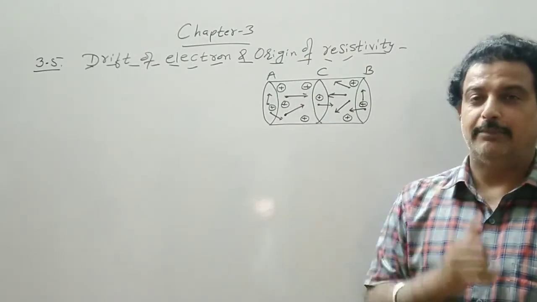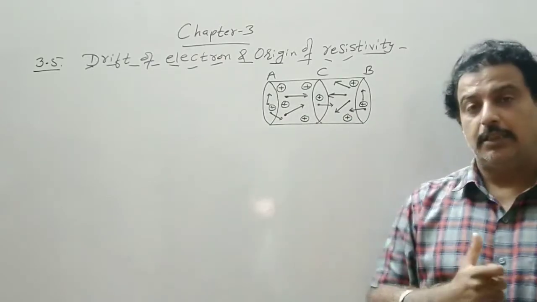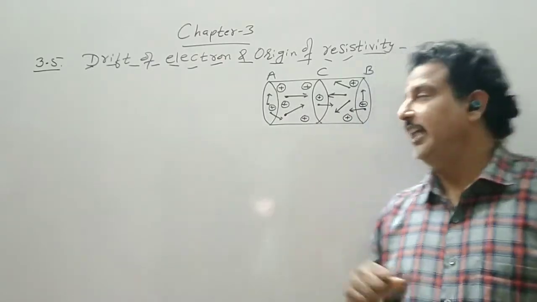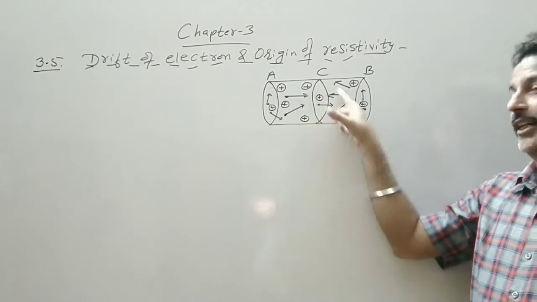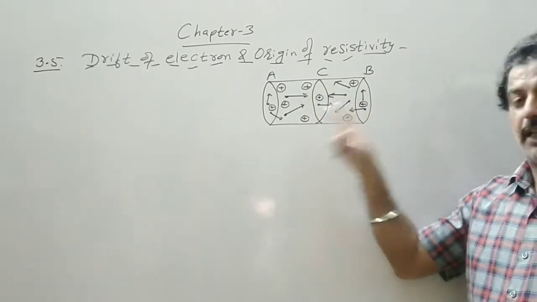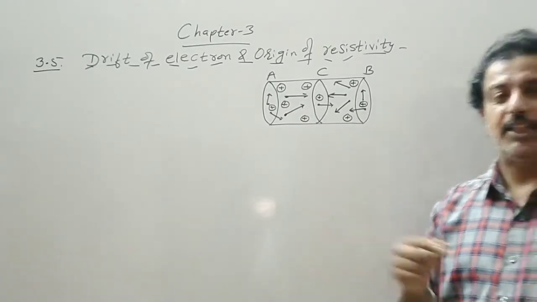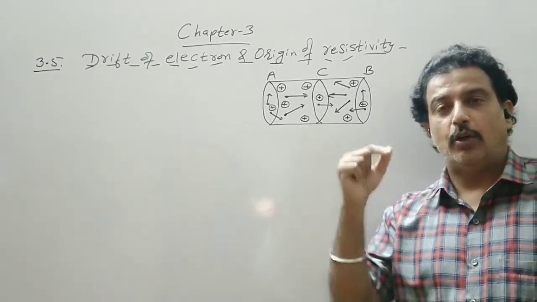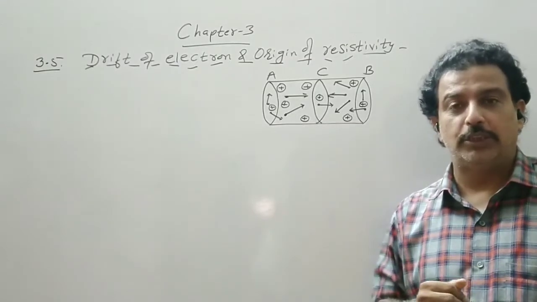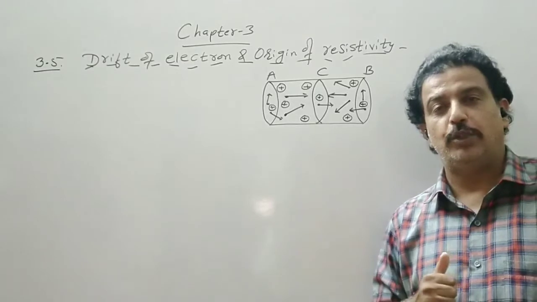So again I am repeating that a conductor consists of free electrons which are in random motion, and ions are fixed about their geometrical point or lattice point, and they oscillate about their main position due to the thermal energy available to them.